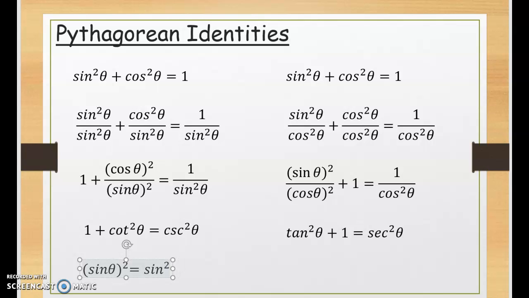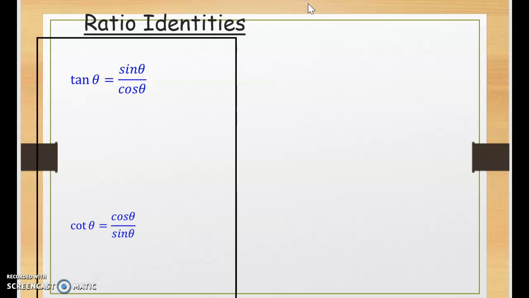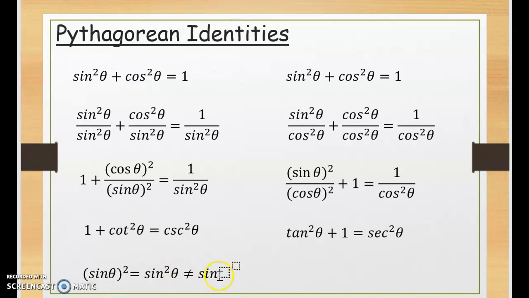Now what they're not equivalent to, and this is important, I'm going to put a not equal sign here, is sine of theta squared.